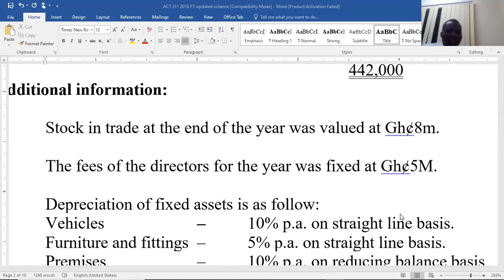So we are looking at our current assets, and we said we have stock to be 8,000. Then you have debtors. Debtors in the question was given to you as 10,000. But bear in mind, the provision for doubtful debt you have calculated somewhere along the line was 1,200.